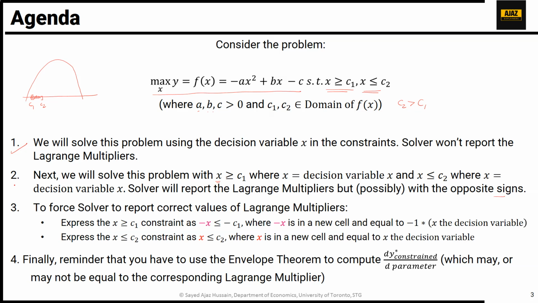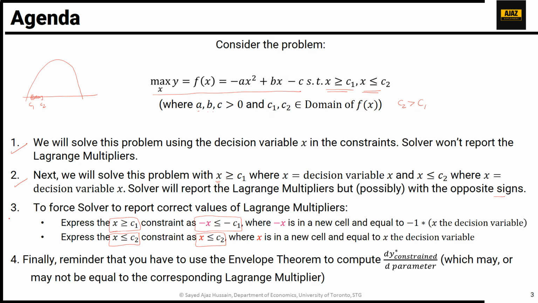Therefore, to get the right Lagrange multipliers, you must express all inequality constraints in less than or equal to form. So this constraint will become that constraint, but once again, minus pink x is equal to minus the actual x. And then this constraint is already less than or equal to, but it must be produced in a separate line where this red x is equal to the actual x.